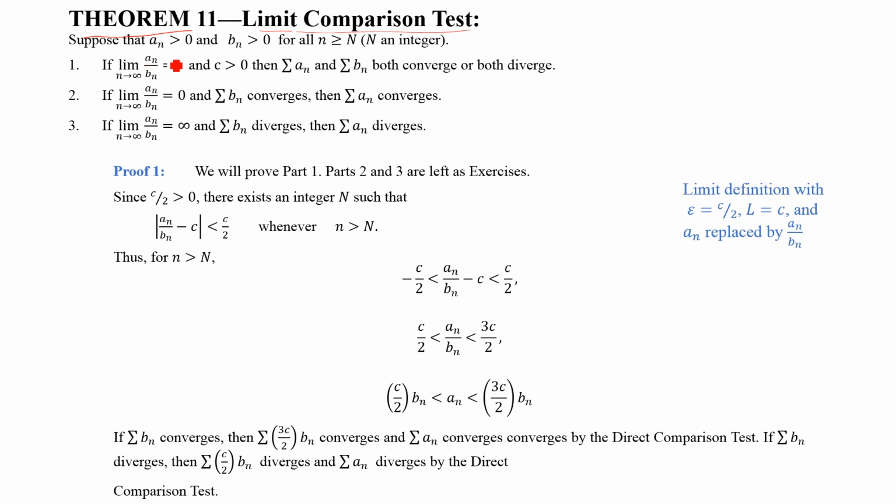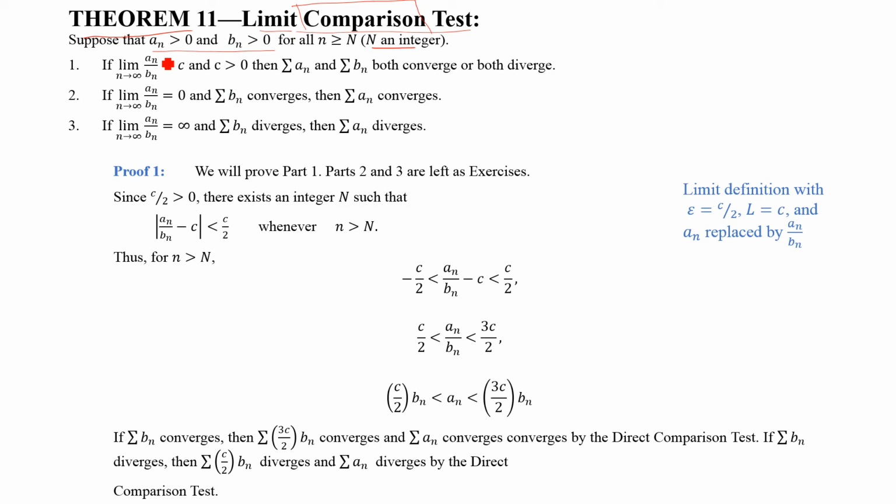Suppose, again, comparison is involved, so we are going to have more than one series. Suppose that a_n is greater than 0 and b_n is greater than 0 for all n greater than or equal to N, where N is an integer.